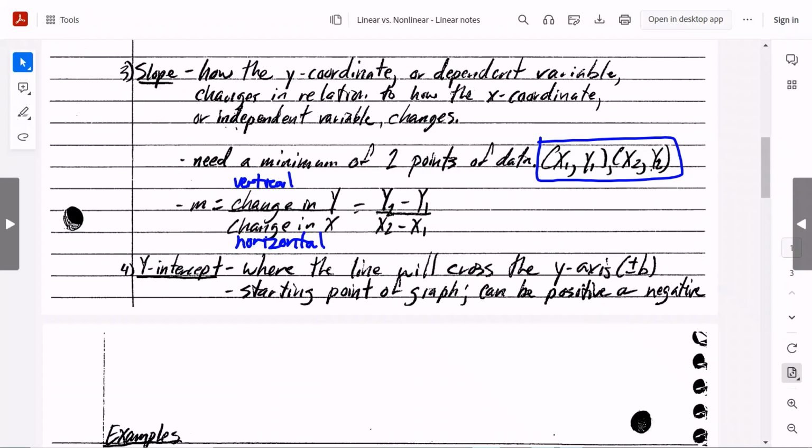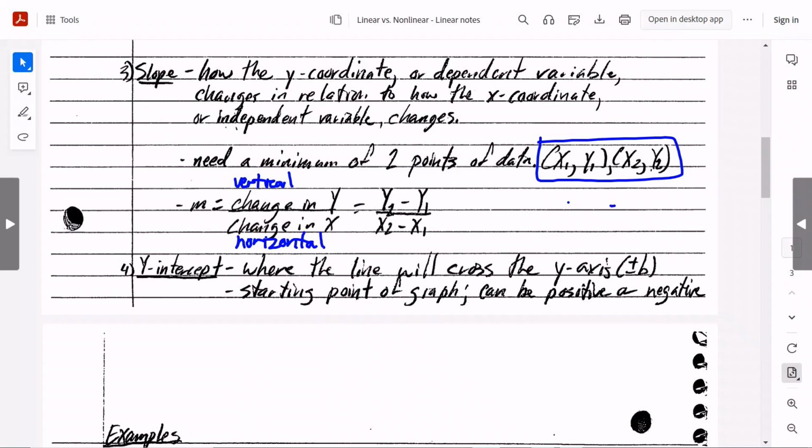The most common mistake that I've seen people make when it comes to slope is that they try to do y2 minus x2 on the top, or x2 minus, I don't know. They get them in the wrong place. The slope formula is basically substitution if you know where every part is. So that's why I always tell everybody, make sure that you label your points when you get ready to find it.